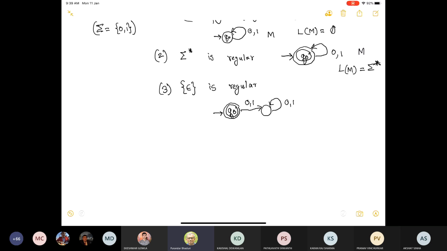Now, please understand that this part is needed. You cannot drop it. Why?